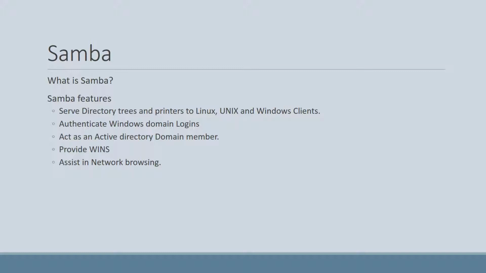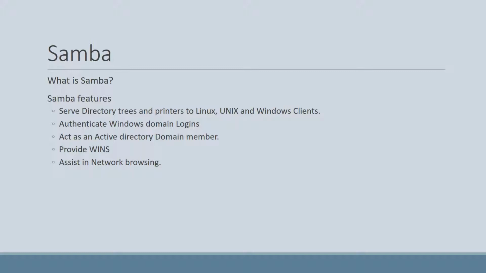Some important features that Samba offers. It serves subdirectory trees and printers to Linux, Unix, and Windows clients. It assists in network browsing with or without NetBIOS. It authenticates Windows domain logins.